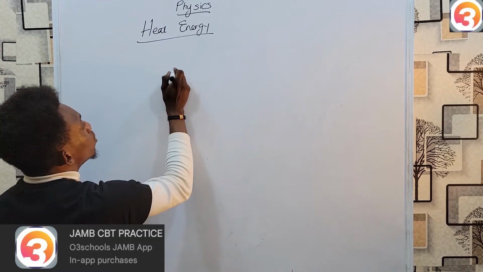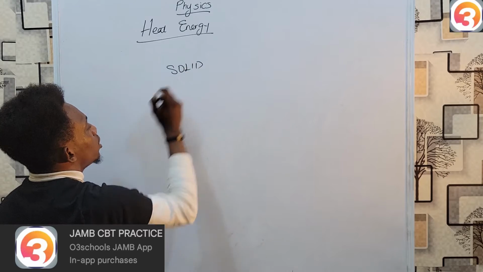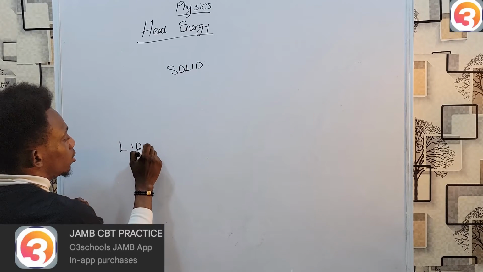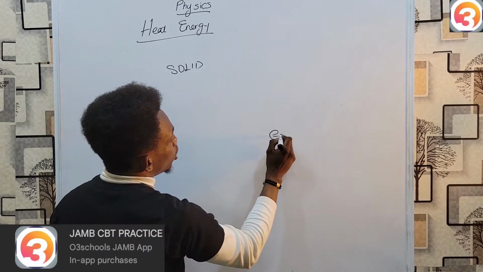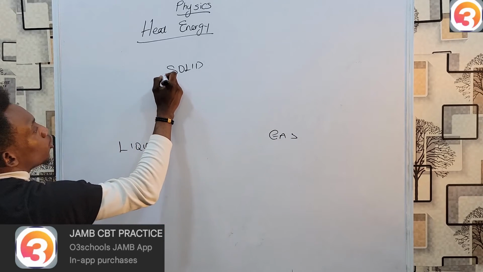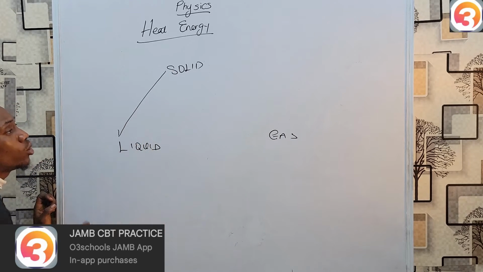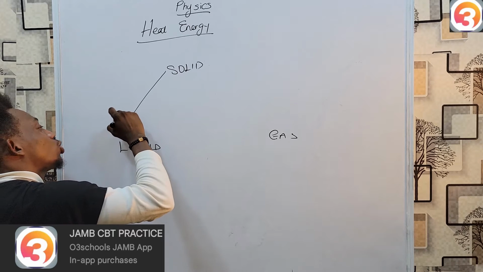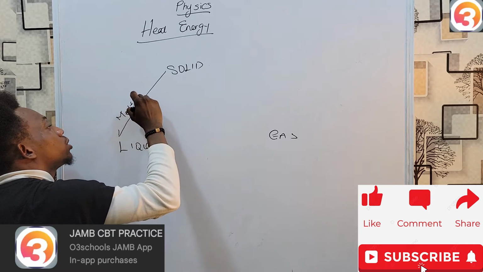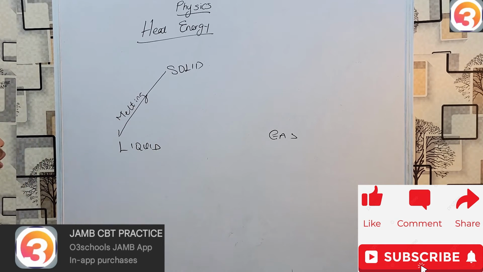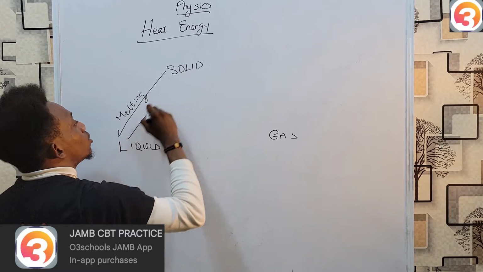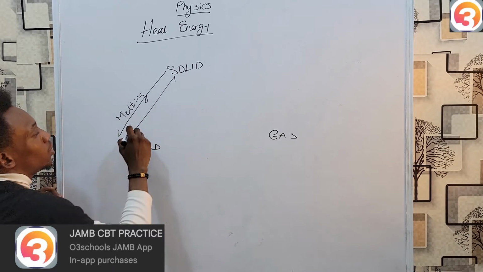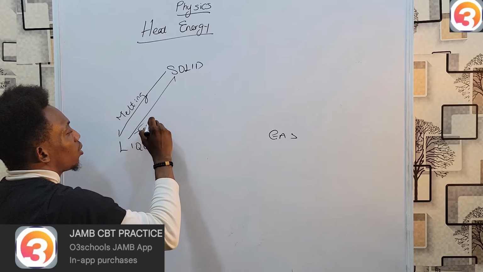For example, if we have a solid stage here, the liquid, and the gas stage. If I'm going from a solid and turning into a liquid, that process, as we are aware, is known as melting. If I'm going from a liquid and turning into a solid, then that is known as freezing.